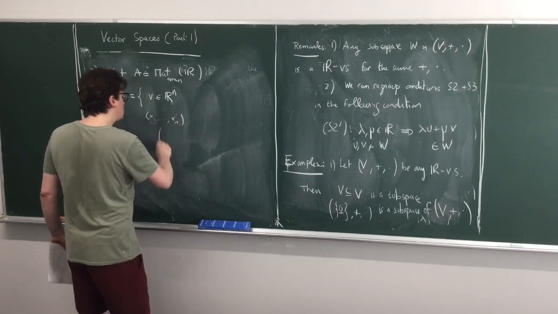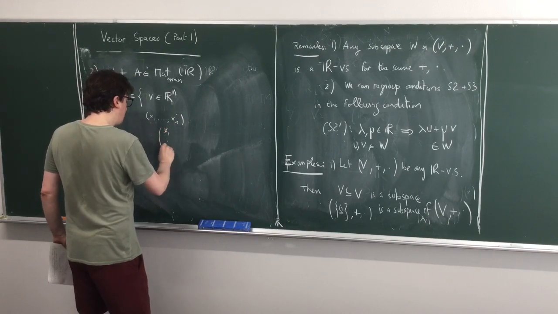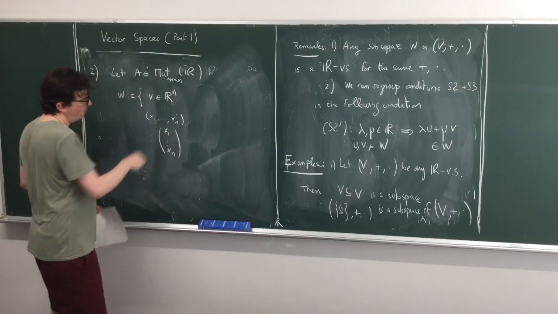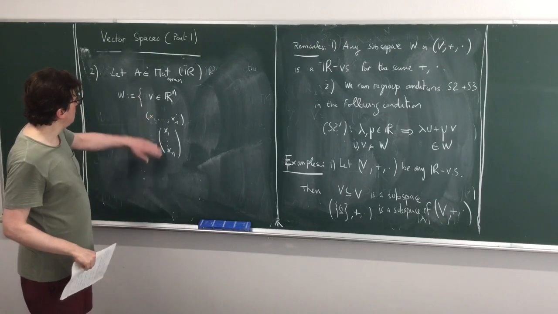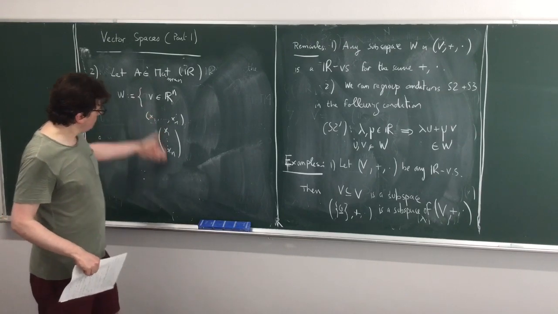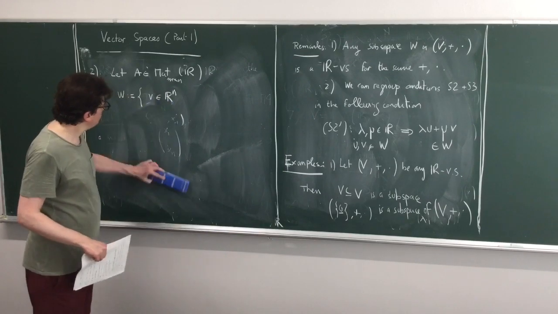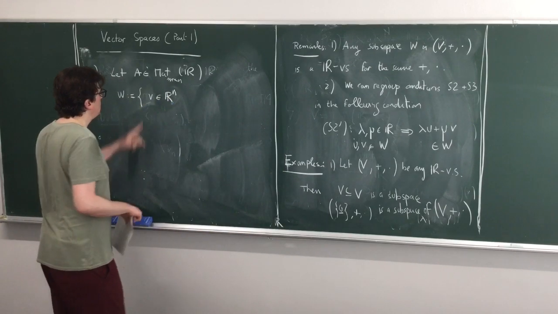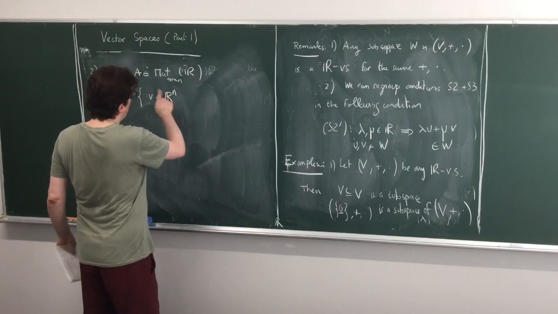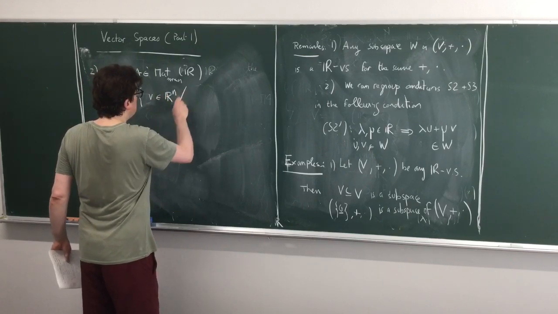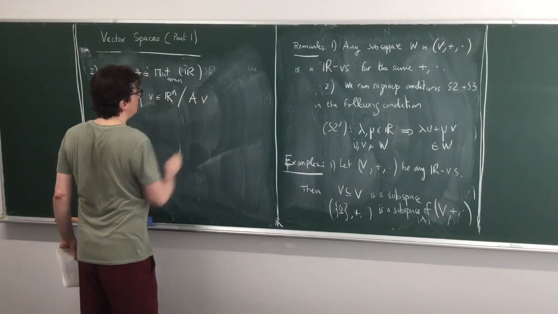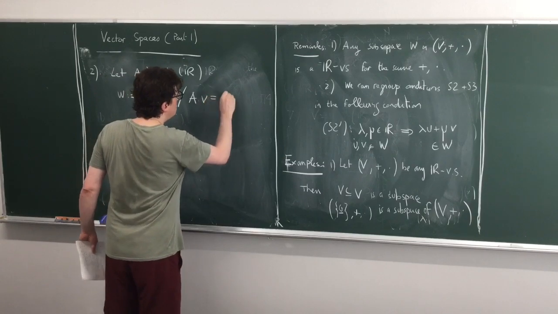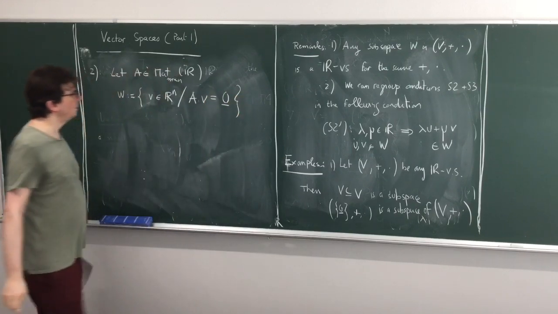I can see it also like this, and this is the same, horizontally or vertically, and I can consider this as a column vector. Now let's consider the set of column vectors, elements of R^n, such that A times this vector is equal to the zero vector.